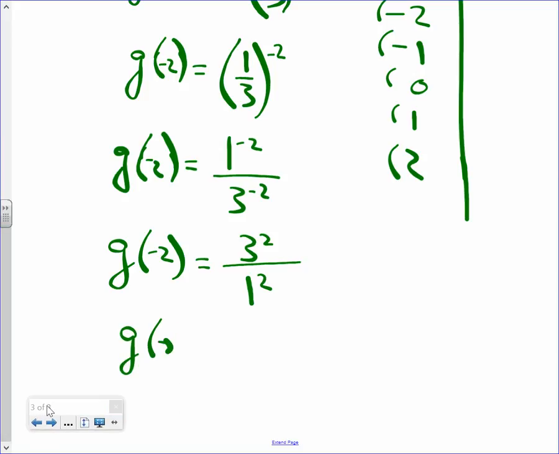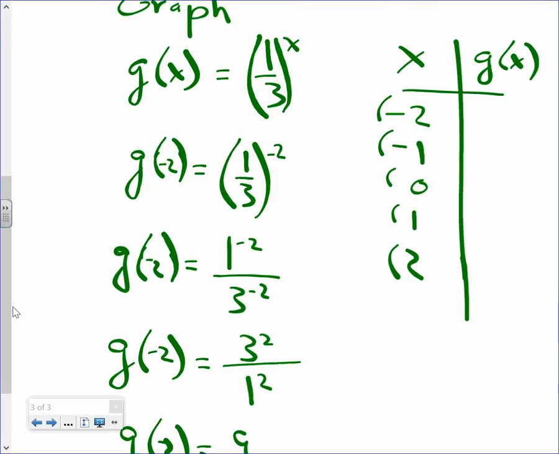So g at -2 becomes what? 1 over 1? Right, 9 over 1. 3 to the second power is 9, so 9 over 1 just becomes 9. There's our first point that we're going to plot: -2, 9.